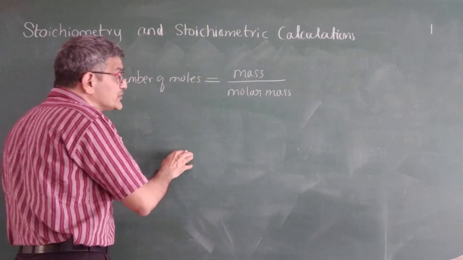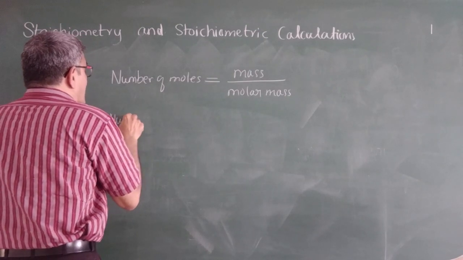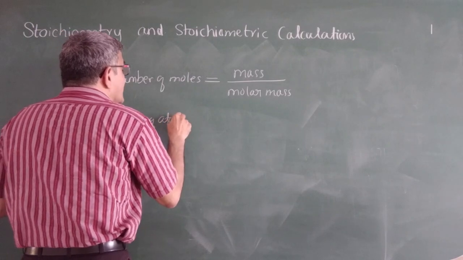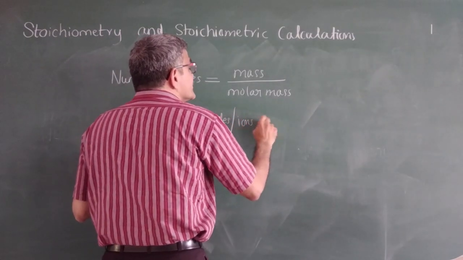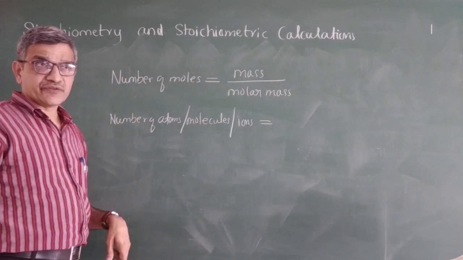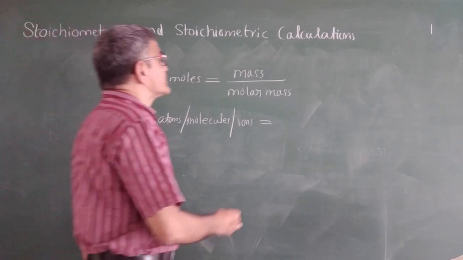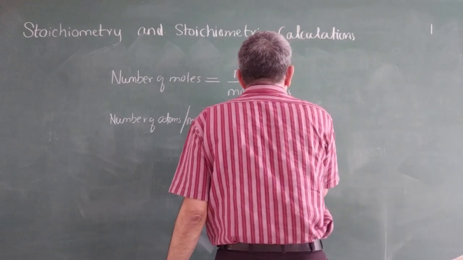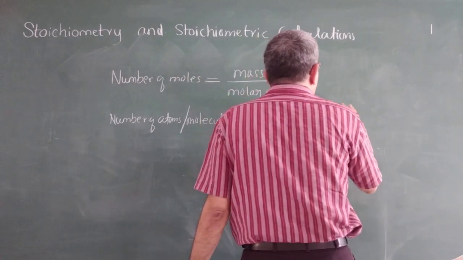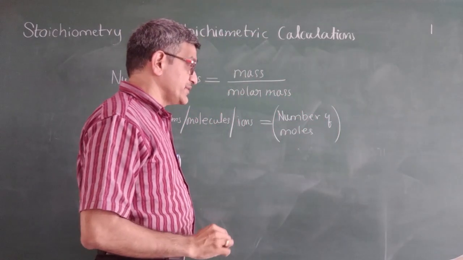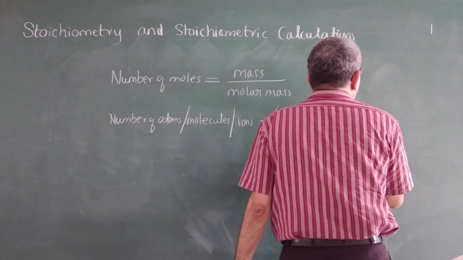The formula for that is number of moles into Avogadro's number, that is 6.022 into 10 raised to 23. Whether we need to find the number of atoms, molecules or ions, based on that, it is nothing but the number of moles into Avogadro's number.